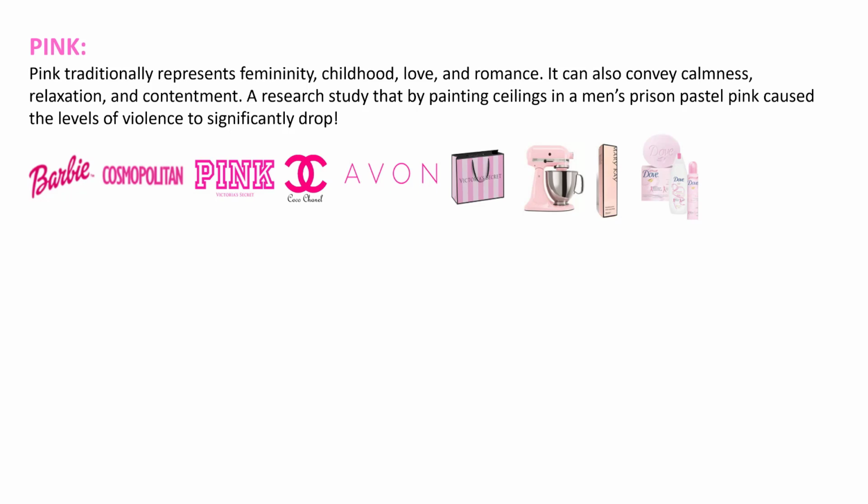And when they painted the ceilings pastel pink, light pink, the level of violence went down in the prisons. Now, think about that. I think that's very fascinating. I don't know why that would be, but somehow surrounded by light pink made these felons be less violent.